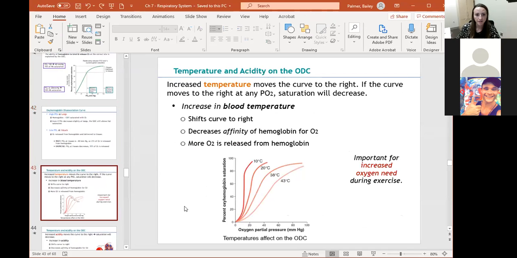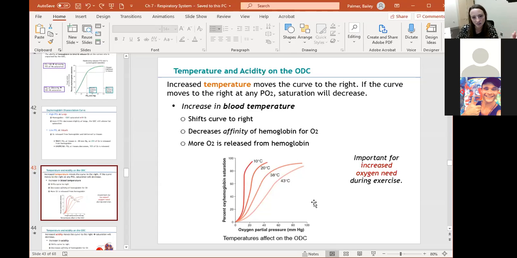Now let's talk about the 3 factors that determine oxygen release. First, increased temperature. Temperature stays relatively constant at rest throughout the day. Exercise will see a slight increase, but that slight increase is enough to shift the curve, allowing more oxygen to be delivered to the muscle. So as our blood temperature gets higher, meaning we're exercising, the curve shifts to the right.